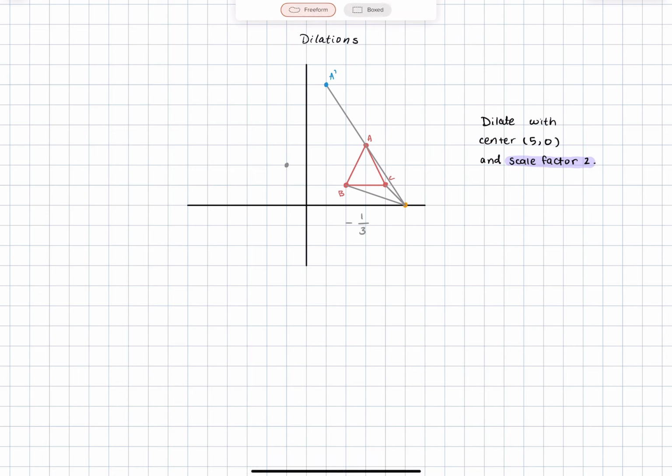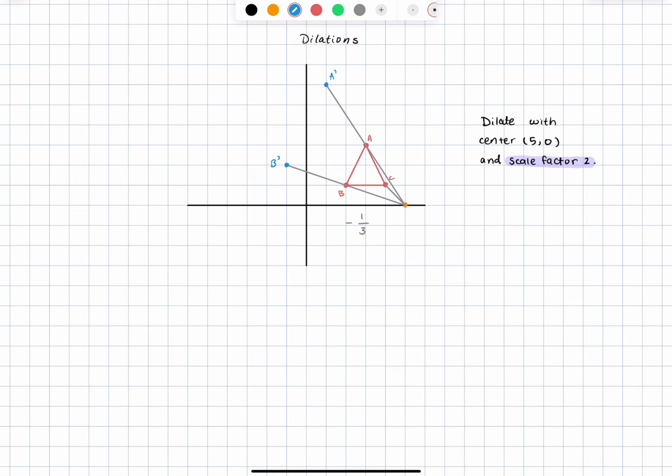And you would get the same thing if you duplicated, you get to the same point. So you can use your slope to get to that next point. So this is your new point B prime.